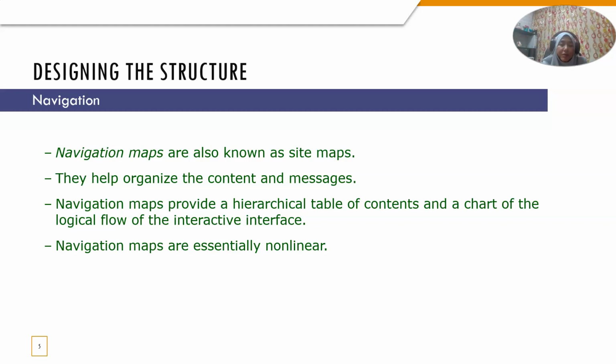What is the function of a sitemap? Basically to organize the content and messages, and also provide the hierarchical table of contents and the chart of the logical flow of the interactive interface. Also, navigation in hypermedia is the concept of non-linear, where you can go to any parts. I will discuss in detail later what is non-linear.